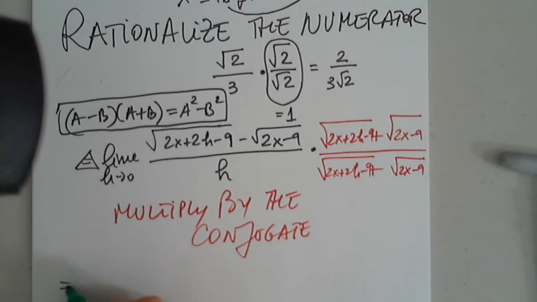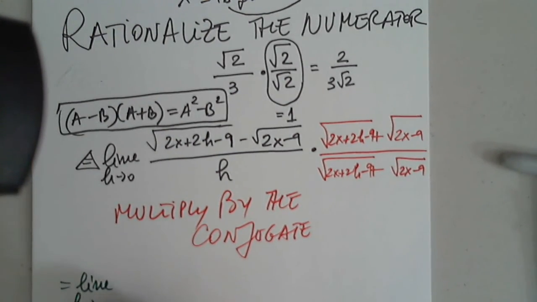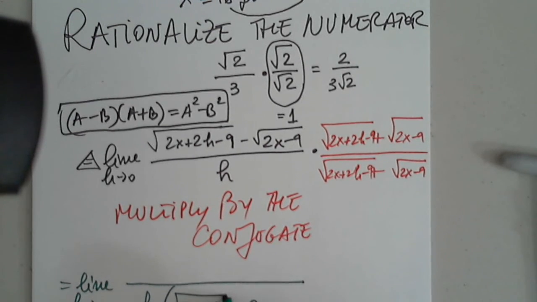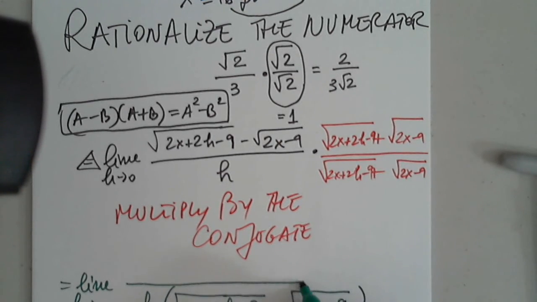Can anyone give us the next step? Limit as h approaches 0. I will write the denominator, that's easy. The square root of 2x plus 2h minus 9 plus the square root of 2x minus 9. And can anyone give us the numerator?